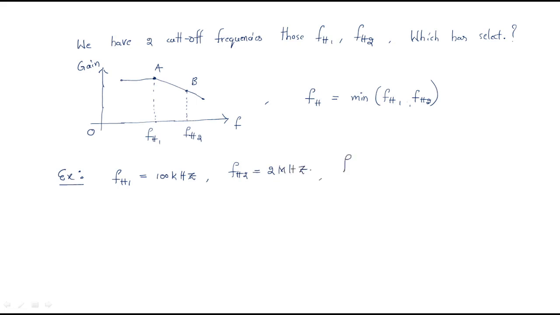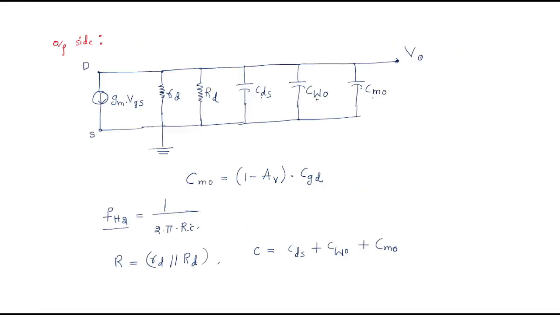Which high frequency should we select for the AC analysis? The formula is FH equal to the minimum of FH1, FH2. Which is the minimum, 100 kHz or 2 MHz? We get FH equal to 100 kHz, the minimum frequency. This is the procedure to select the minimum frequency.